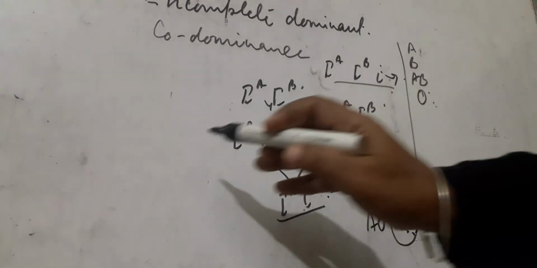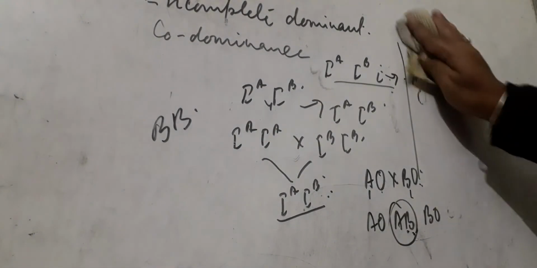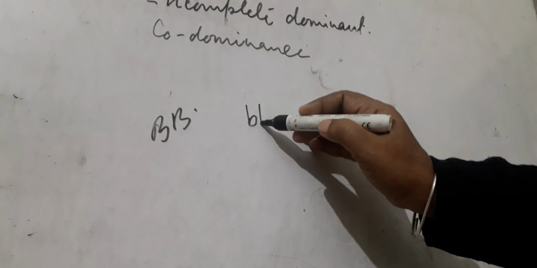As you know, the same allele pair is called the homozygous condition, and another homozygous condition is this.